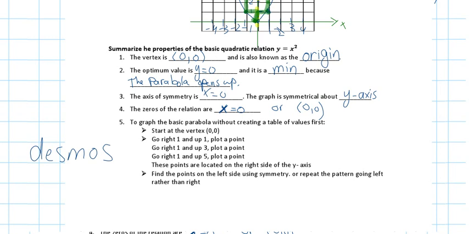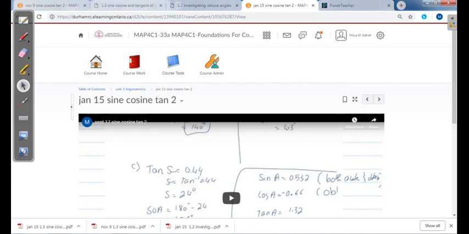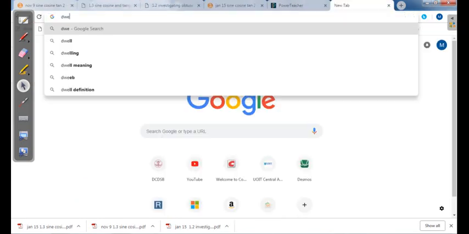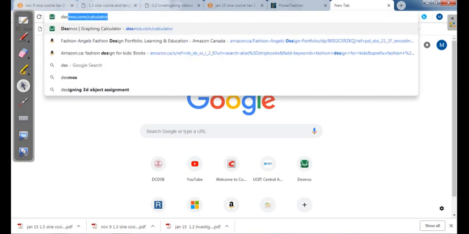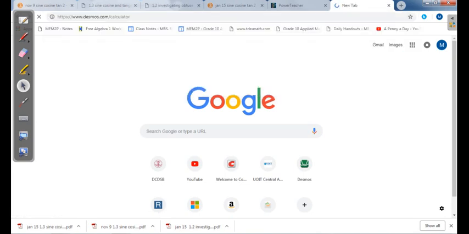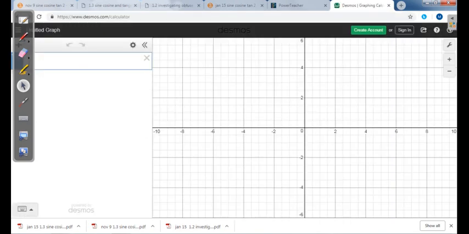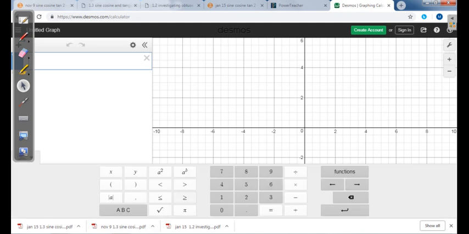Okay? So what I want you to graph on Desmos is y equals x squared. I am going to go to Desmos as well. And then you should have the keyboard. What you're going to write here is y equals x. If you see this button, that's the square button right here.